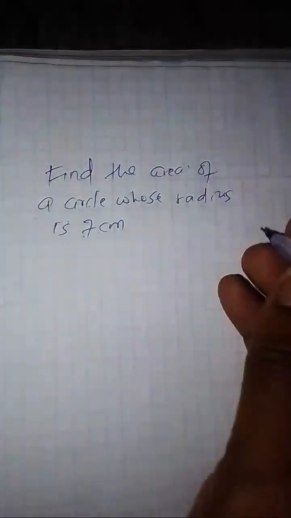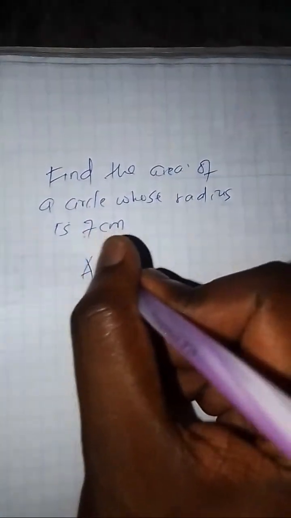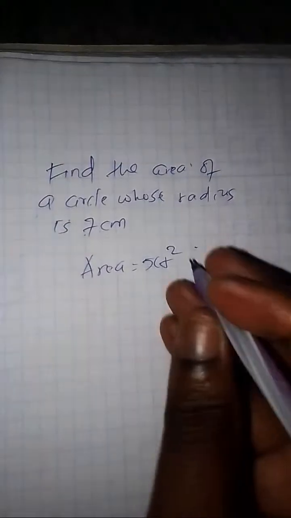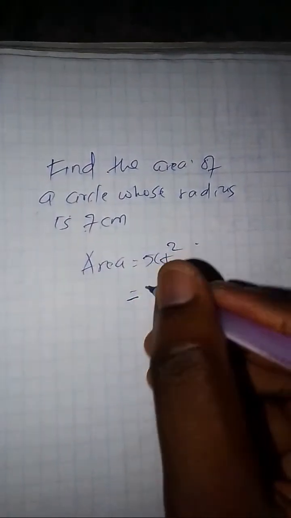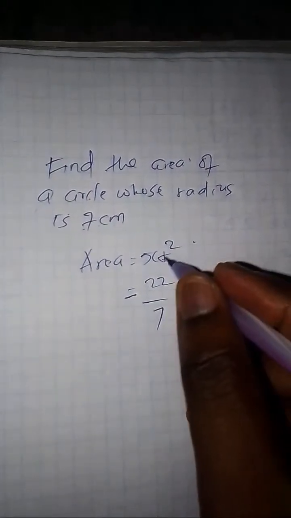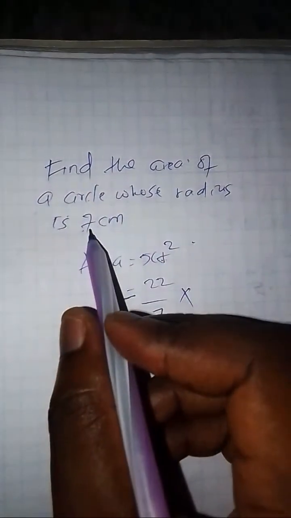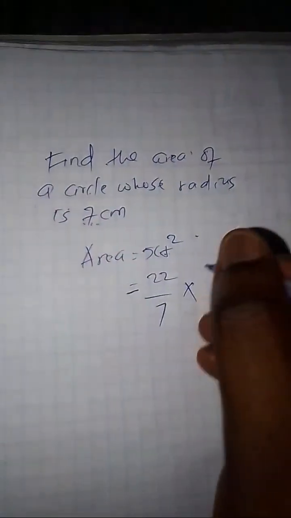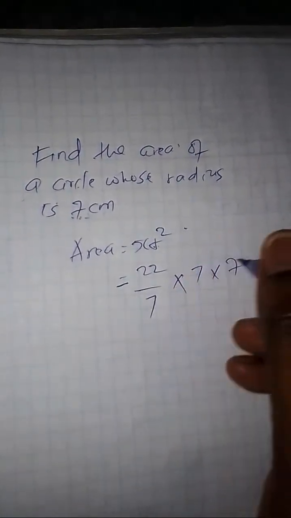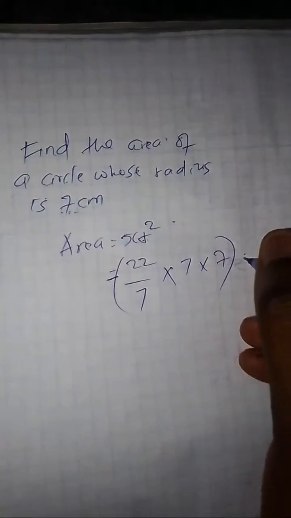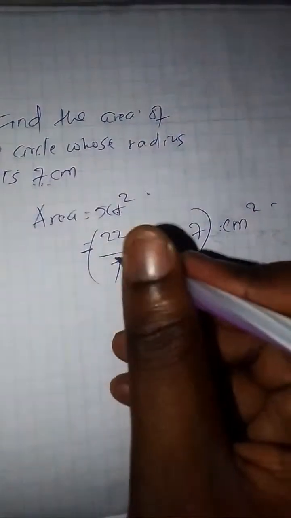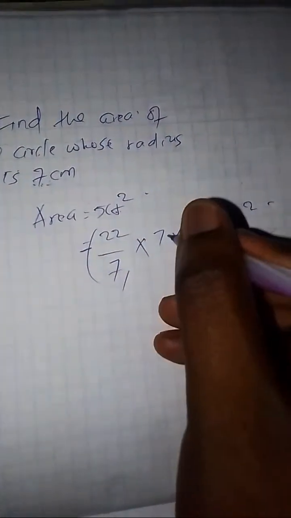So you can say that the area of a circle is pi r squared. Pi is 22 over 7 times r, that is the radius, so we square 7, so 7 multiplied by 7. Remember that they are in centimeters, so area is given in centimeters squared. We simplify 7 here once, there once.